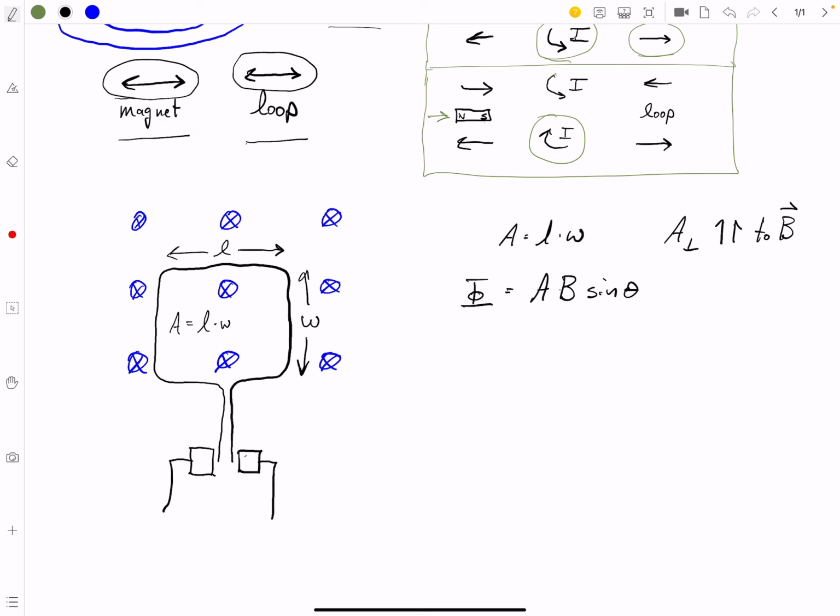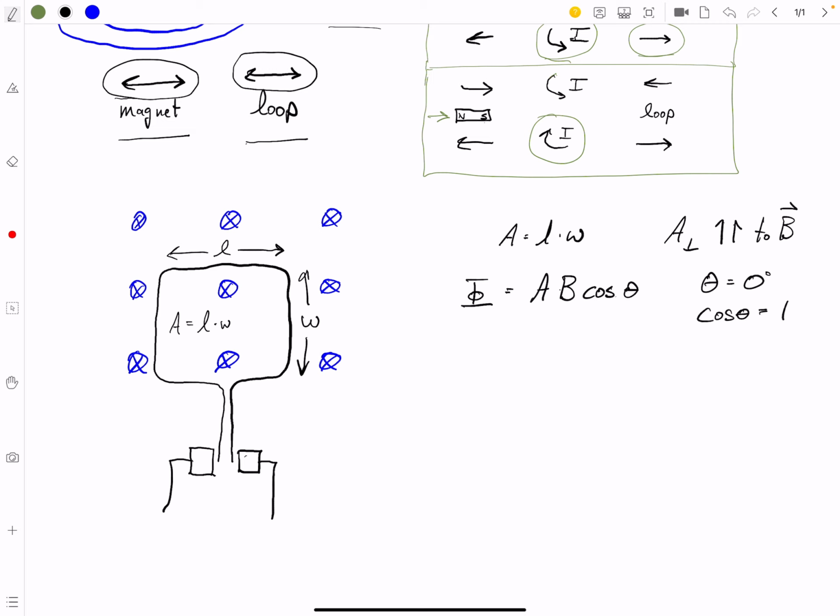Dang it, I did it again. I'm sorry. I did it in my notes backwards, and I'm doing it again. It has to be the cosine of the angle between them. When that angle is equal to 0, then the cosine of that angle is 1.